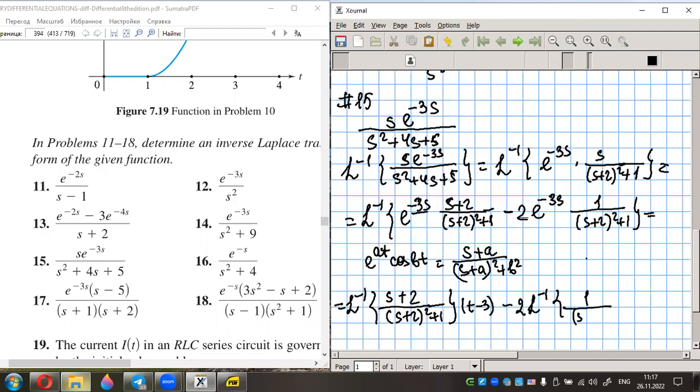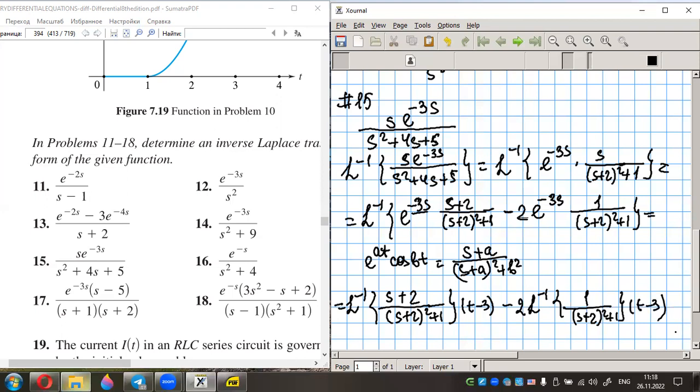Let me write, and then I write the formula that I use. Plus t squared plus 1 at t minus 3.